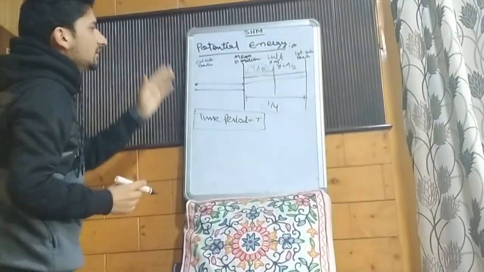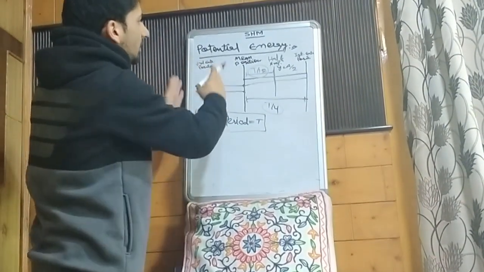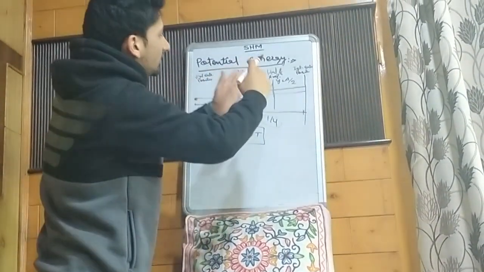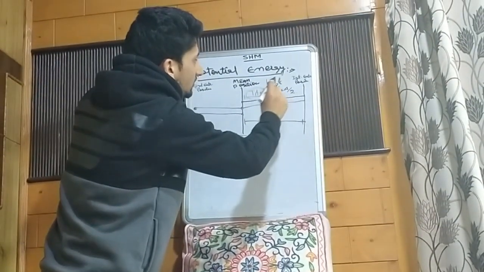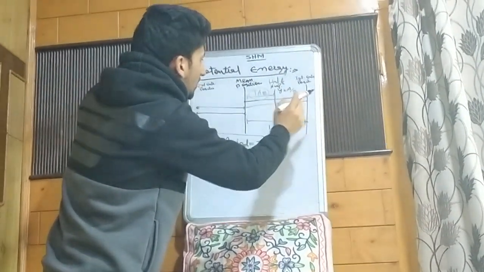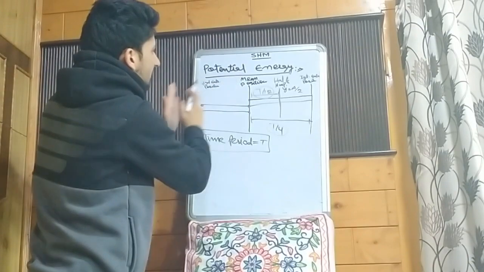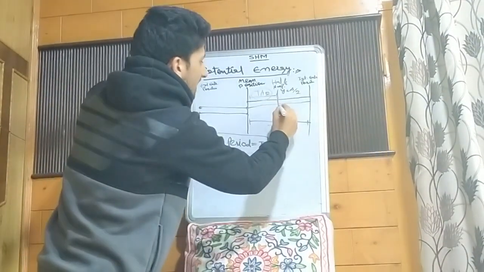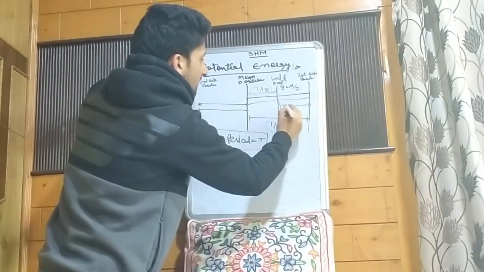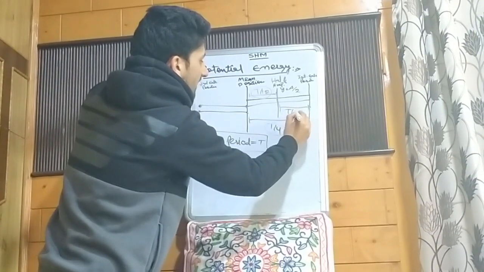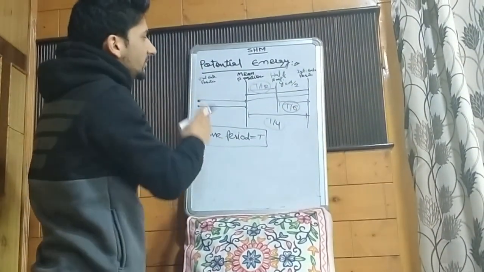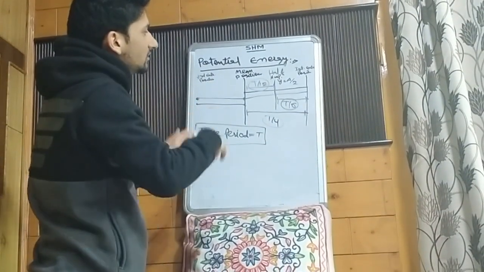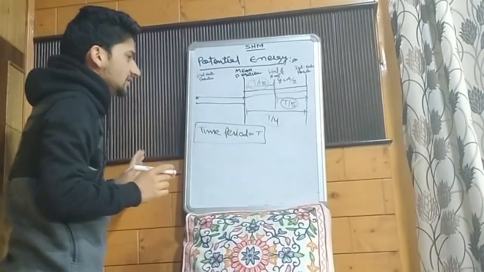This is the time taken by a particle to go from the mean position to half amplitude. And from half amplitude to the first extreme position, or from half amplitude to the second extreme position, the time taken by a particle is T divided by 6. This is the time taken by a particle to go from half amplitude to the first or second extreme position.